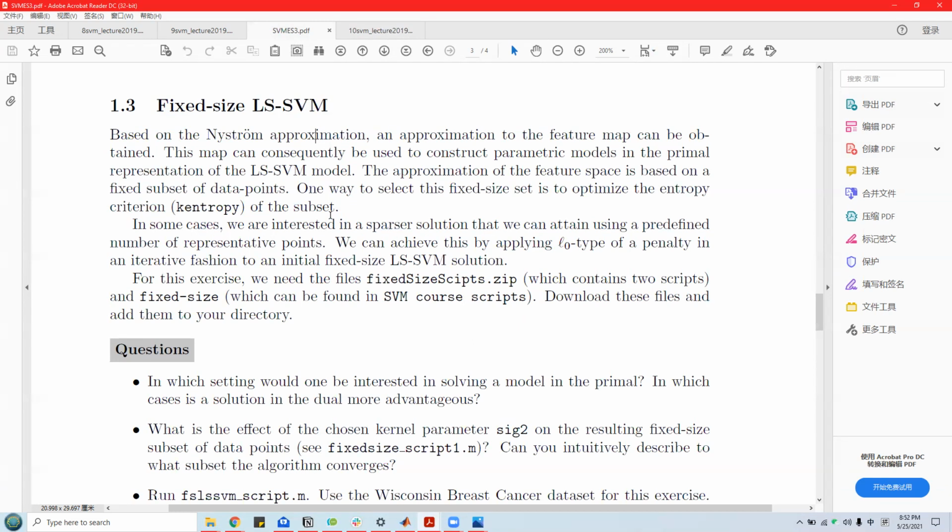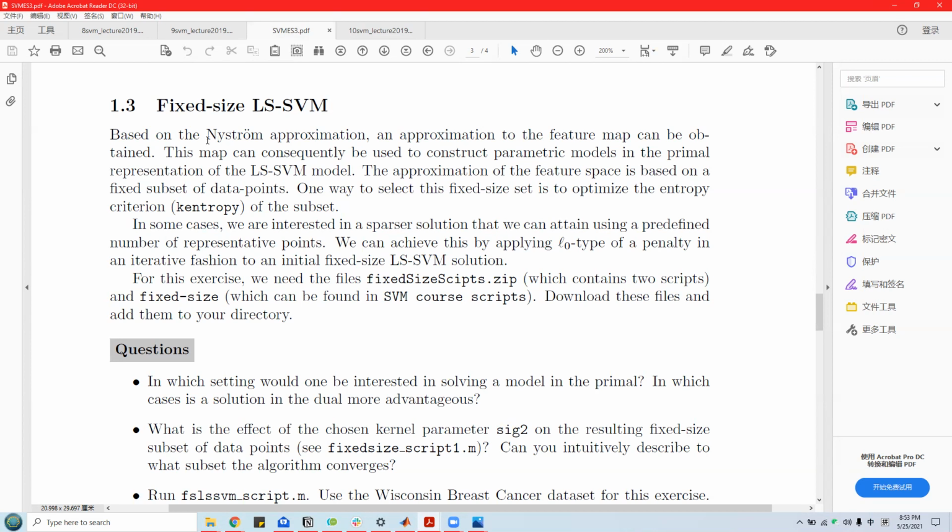You don't want to use all the data points to compute, so you try to find some representation, using much less data points to actually represent the SVM model.